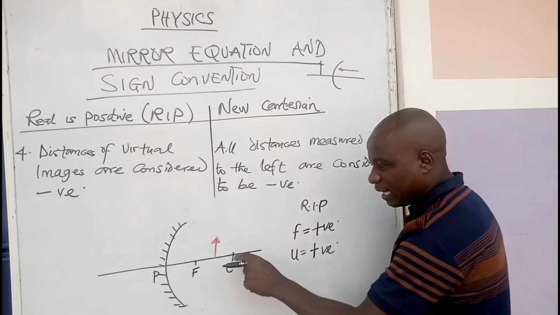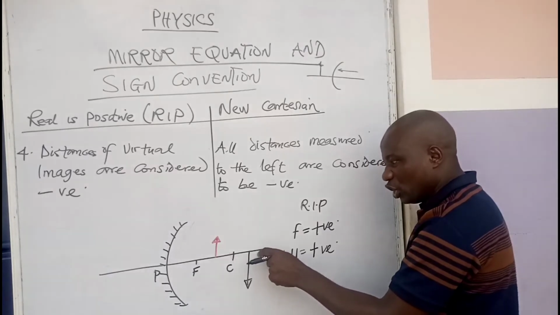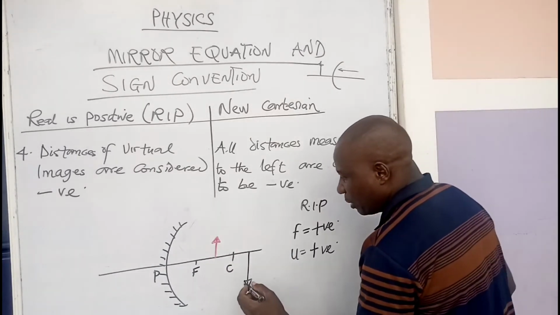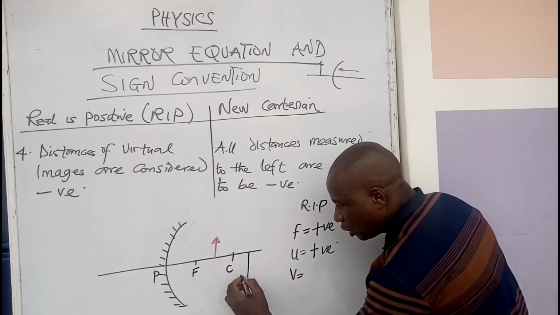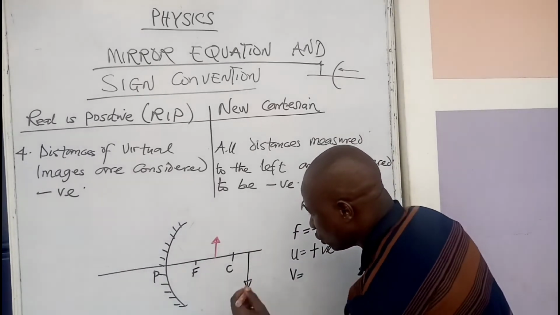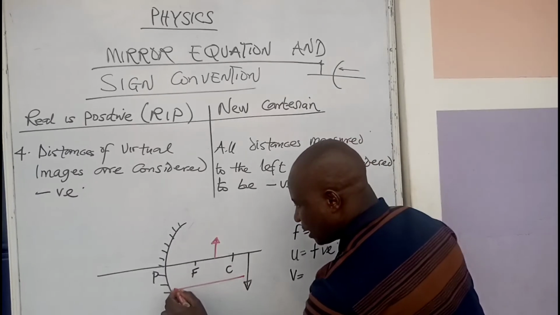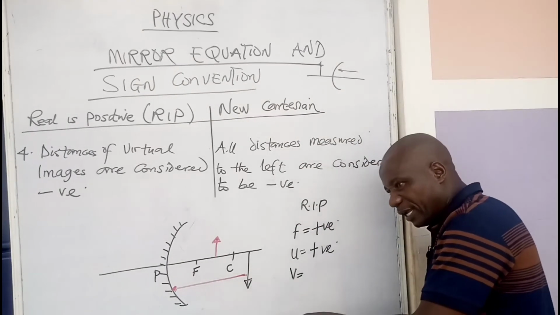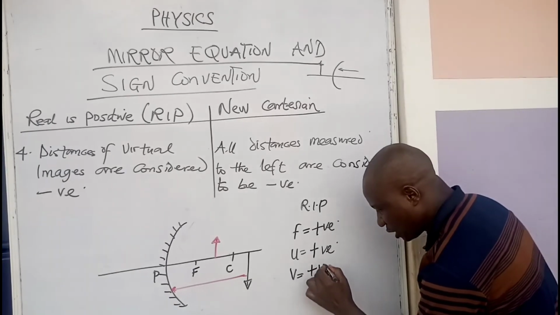Remember I said, if the object is at the back, the image will be in the front. If this one is in the front, the image will be here. Now, my V here, if I want to measure it, how will I measure it? Of course, I'm going to measure it to my mirror. Since it is a real image, my V is still going to be positive.